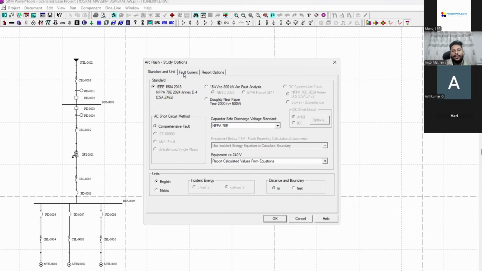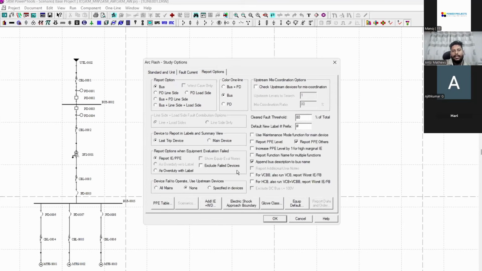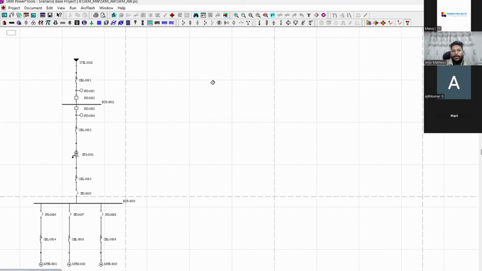These data we will be providing, along with the unit, the incident energy unit, the distance and boundary distance which we require, and the fault current, maximum or minimum. So those data we will be selecting here in the study case, and by clicking OK, it will directly run our arc flash study.